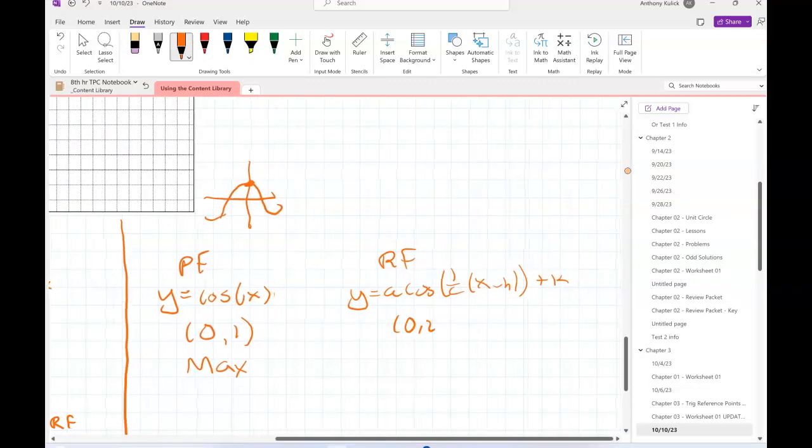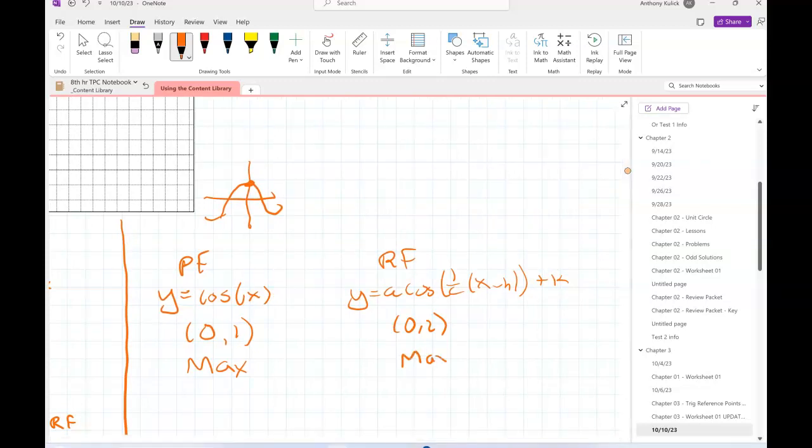By the way, when I looked at the graph, what kind of point was 0, 2? That was also a maximum. So if I compare these two types of extreme points, what can I say about the A in this problem? It's positive.